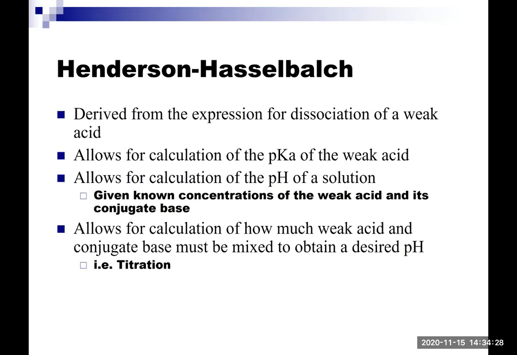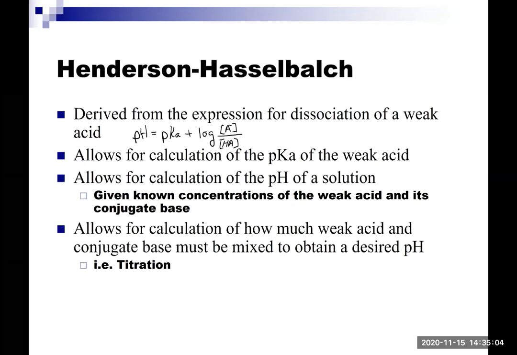An equation that will show this relationship between conjugate acids and bases is called the Henderson-Hasselbalch equation. It's derived from the expression for dissociation of a weak acid. And what it says is that the pH is equal to the pKa plus the log of the concentration of the conjugate base over the concentration of the conjugate acid.